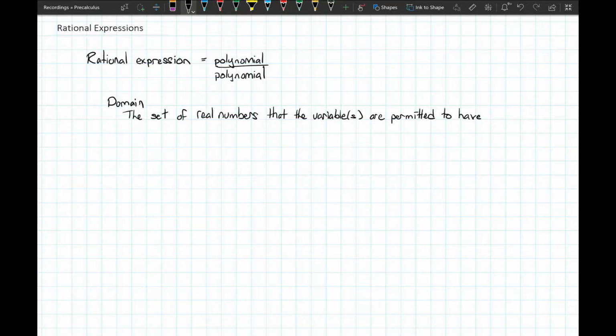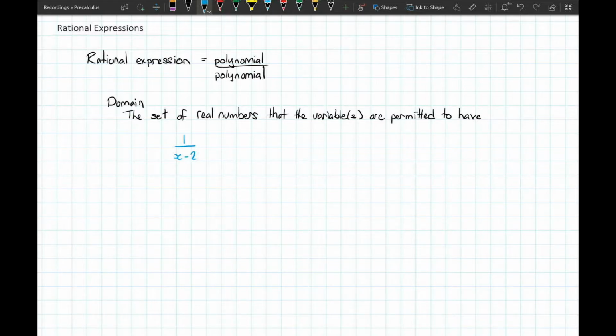Now here I'm saying variables, but oftentimes we're going to be using single variable expressions. So oftentimes there's going to be a single x or maybe a single t or s or whatever symbol. If you just have a basic rational expression, it could be just as easy as 1, which is about the most boring polynomial you can come up with, over x minus 2, which is also pretty boring.